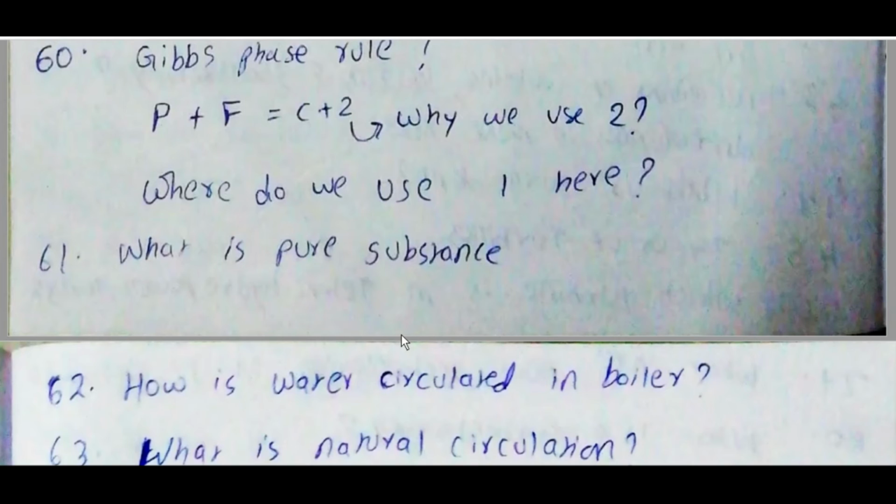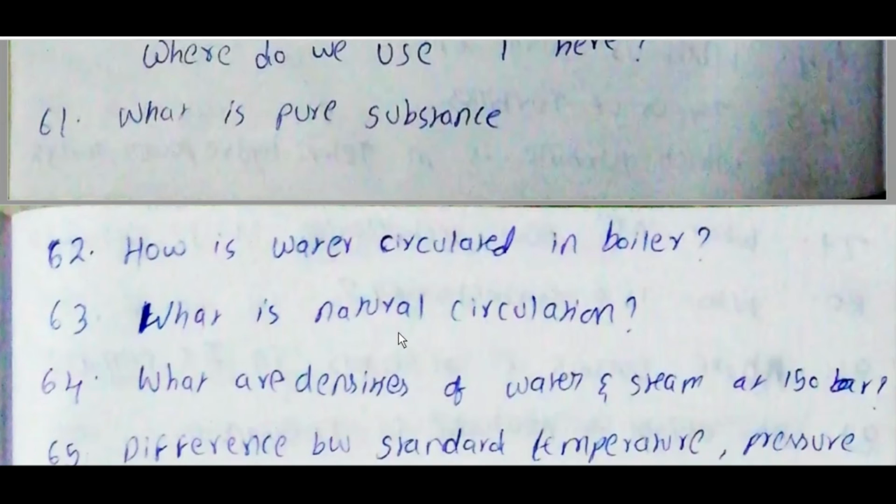How is water circulated in a boiler? In a water tube boiler, the way water is recirculated inside a boiler before becoming steam can be described as either natural circulation or forced circulation. What is natural circulation? In a natural circulation boiler, the circulation is achieved by the difference in density when the water in the boiler is heated.